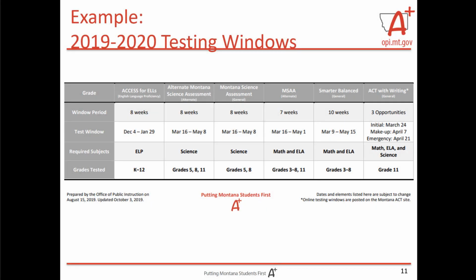Let's walk through an example to emphasize the points of why these plans are so important. This slide shows stakeholders the 6 state-required assessments, the test windows, the subjects assessed, and the grades assessed. Each school stakeholder should be knowledgeable about these 4 things.